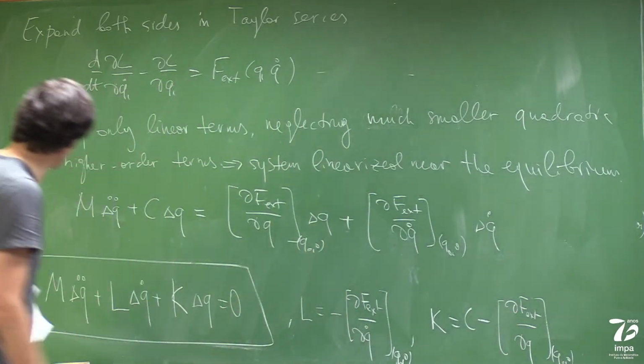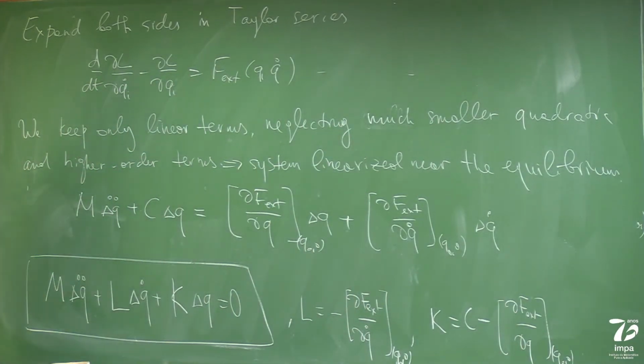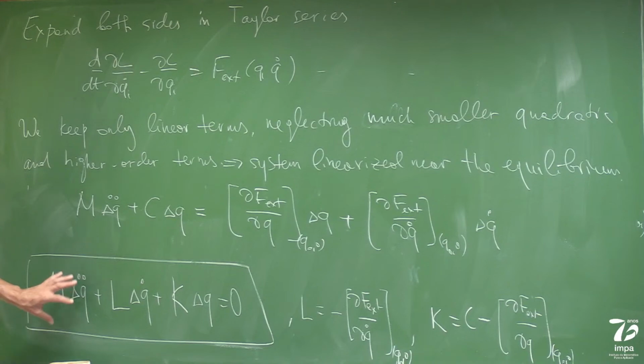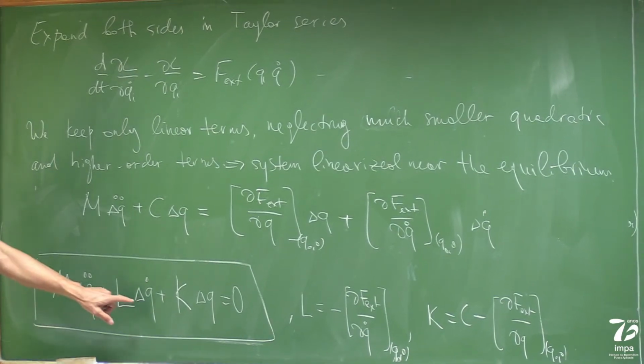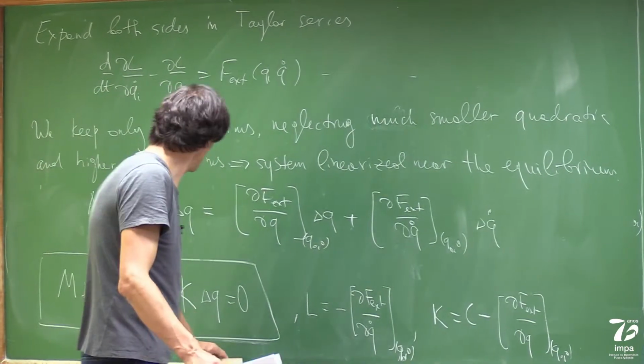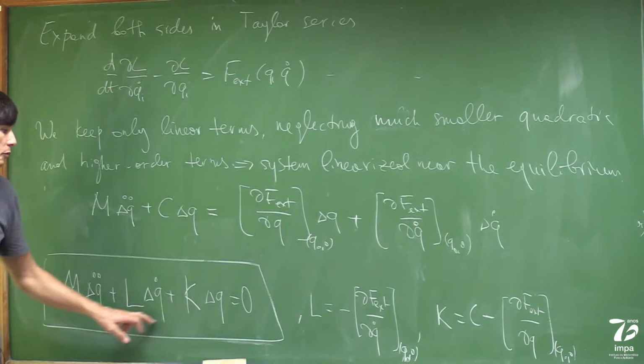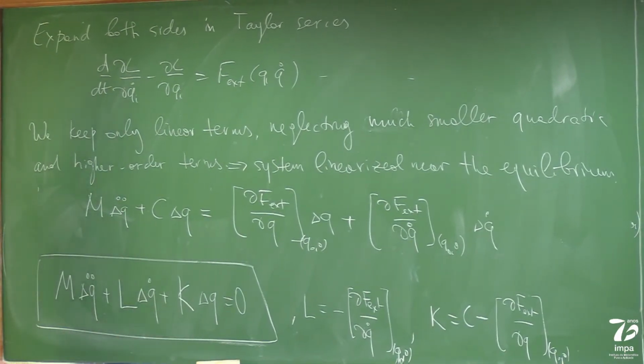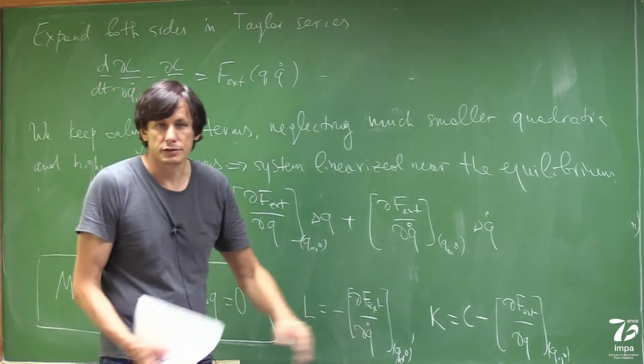That's it. So we have the equation of motion linearized. It has this form. You see, it now has not only the second derivative but also the first derivative. And in principle, matrices L and K are arbitrary. We don't have any more symmetry condition on them, but we have a symmetry condition on M. M is still positive definite symmetric, but L and K, we don't know what they are.